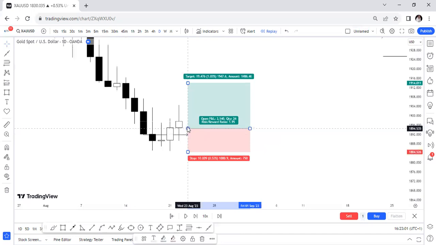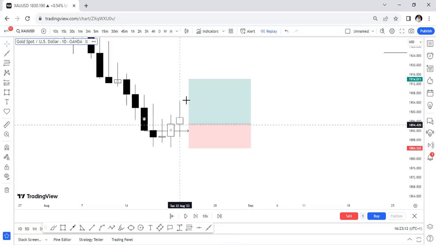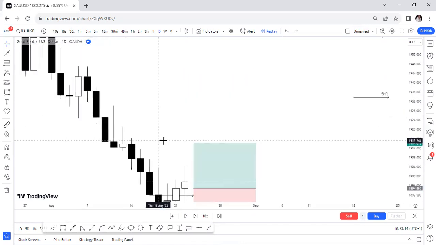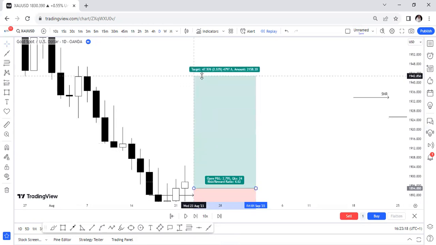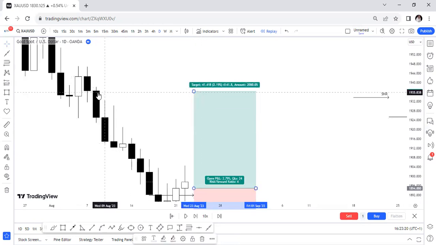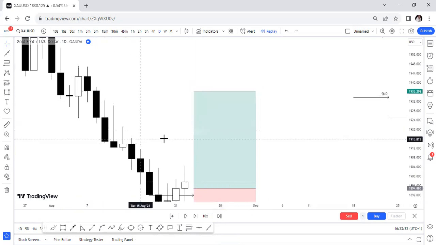So your buying is when the price has returned, because this is a daily chart. Once the price has returned above the opening price and is going higher, you see the DC, and your target will be the next fresh level. This is fresh. This is a fresh level.